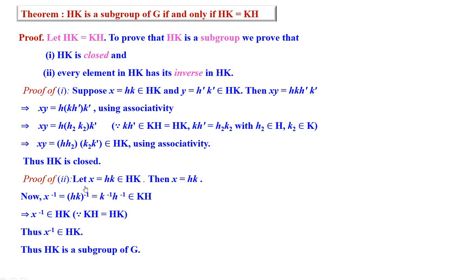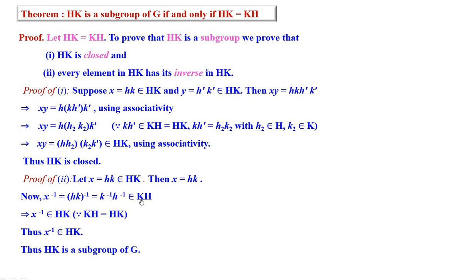Next, we will prove that for any X in HK, its inverse is also in HK. So we shall consider X to be in HK. We can write it in the form small h, small k. When we consider X inverse, we have HK the whole inverse, which is K inverse, H inverse. So we get this, and obviously it is present in capital KH.